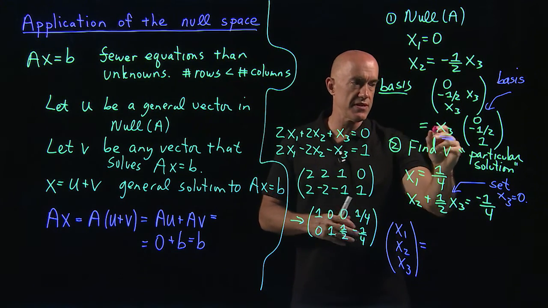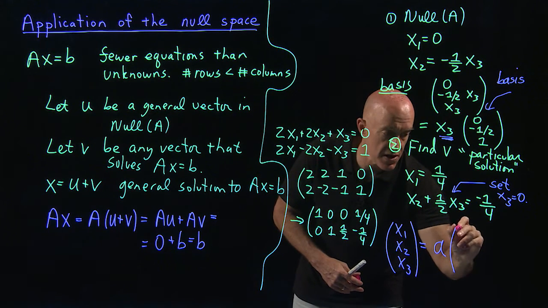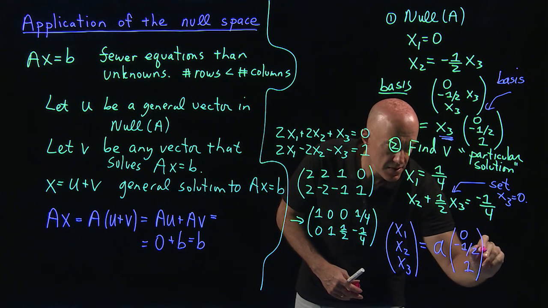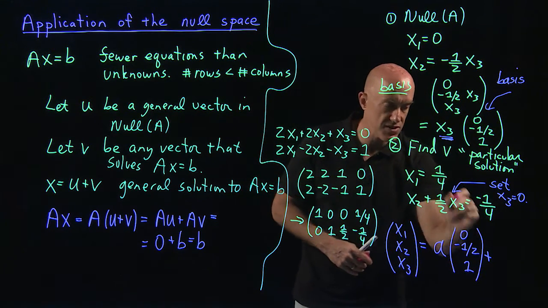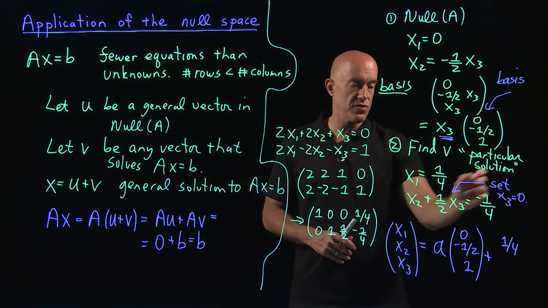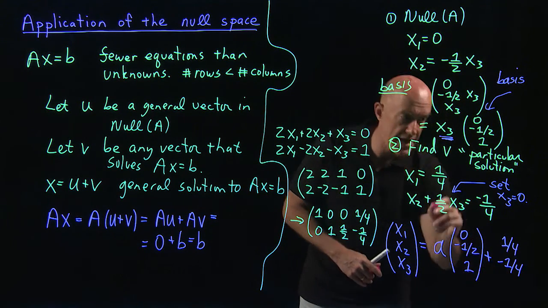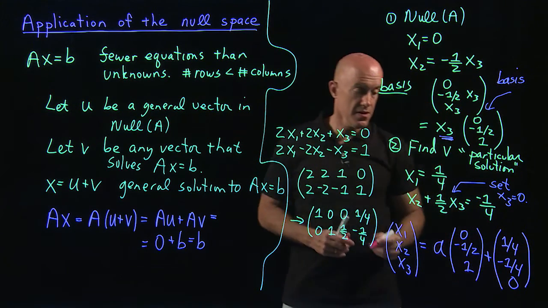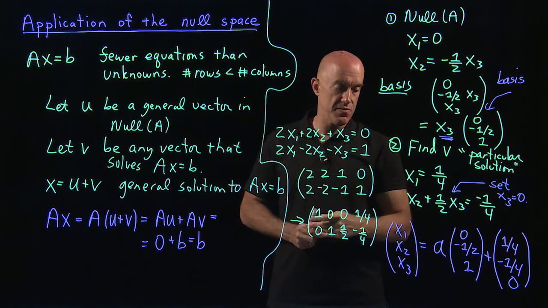So the general solution is some free constant, which I can call a, times this vector, (0, -1/2, 1), plus the particular solution, which comes from here, which is x1 equals 1/4, x2, taking x3 equal to 0, x2 equals -1/4, and x3 equal to 0.